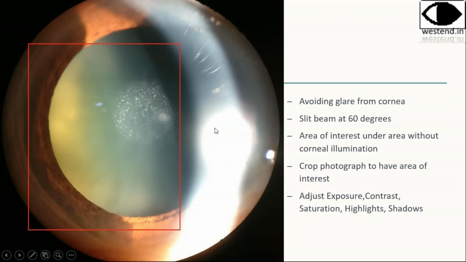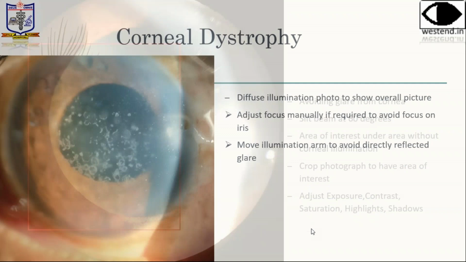There is a bright glare here, but it doesn't matter because I'm going to crop the photograph like this. So this is my area of interest. Keep the bright slit illumination, which gives reflections on the cornea, out of your frame, and the inner light beam illuminates your anterior capsule well. So you can adjust all your settings depending on your area of interest.